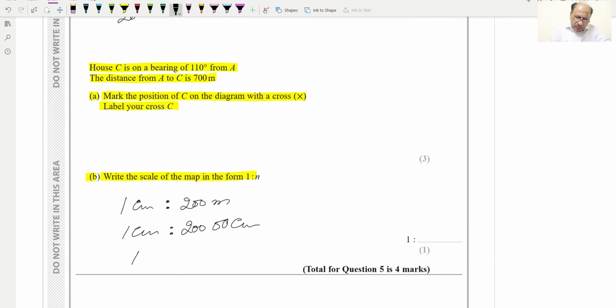Now we can write 1 is to 20,000, so 1 is to 20,000 will be our answer for this question. Hopefully you understood each and everything.